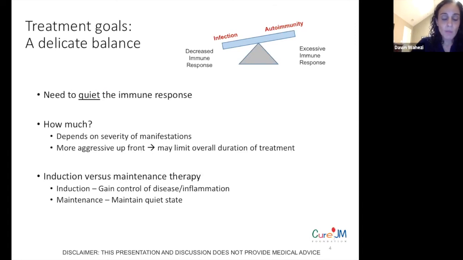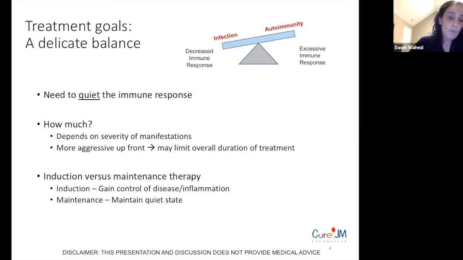But the immune system is a delicate balance. If we lower the immune response too much, then there's perhaps an increased risk of infection. So treatment is finding that delicate balance where you're quieting the immune response so that your child can recover, but being cautious so that they're not at too high a risk of infection. You'll hear us discuss that a lot when it comes to the treatments.